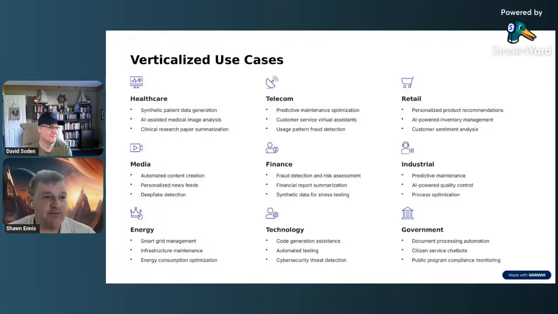This is commonly what David and I do in our day jobs: we talk to clients about these use cases. They come to us like we're doing here, so you can get a good understanding of how we would interact and what we would say.